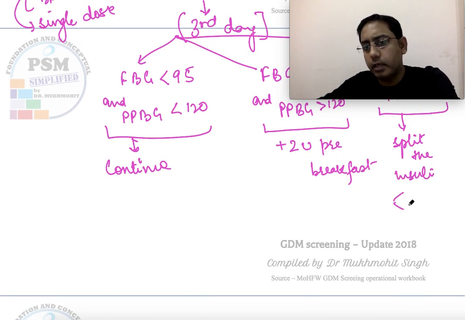How? We split it into morning and evening. In the morning, you add 2 units. In the evening, we add 4 units and we titrate it.